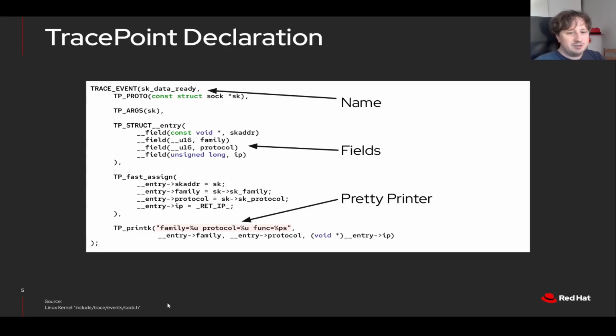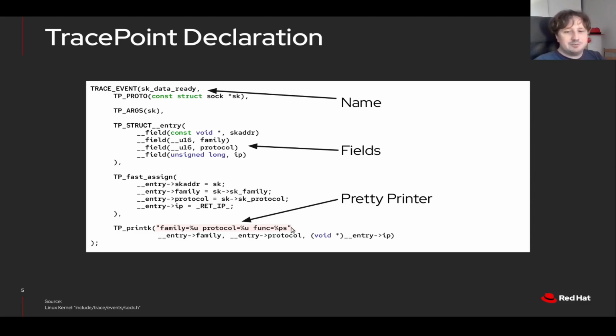This is taken out of the sock.h header of the Linux kernel. Such a trace point declaration has some fields where you can put the actual state of the socket structure, like the family field and the protocol field. Then you have a fast assign where you make copies of these fields for the tracing buffer.